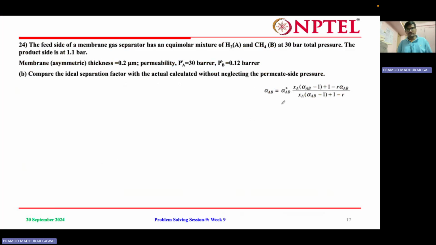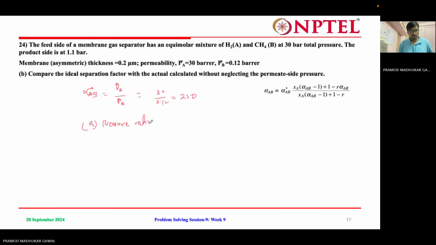The formula for the ideal separation factor is alpha AB star equals permeability of A divided by permeability of B. The values given are 30 divided by 0.12, which equals 250. Now R denotes the pressure ratio, P2 divided by P1.